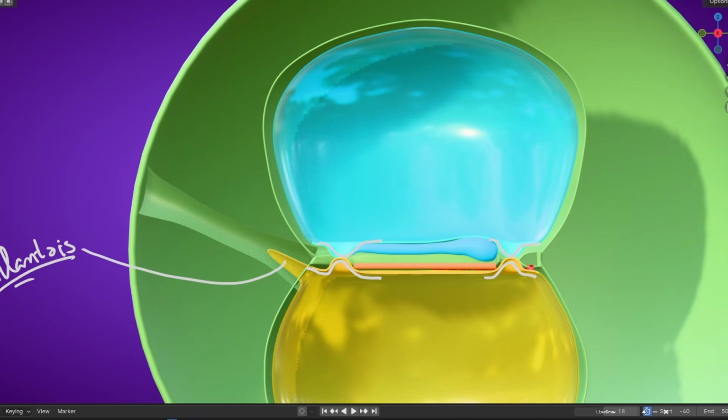So what are these two areas? The cranial one is the oropharyngeal membrane, and at the caudal end we have the cloacal membrane.